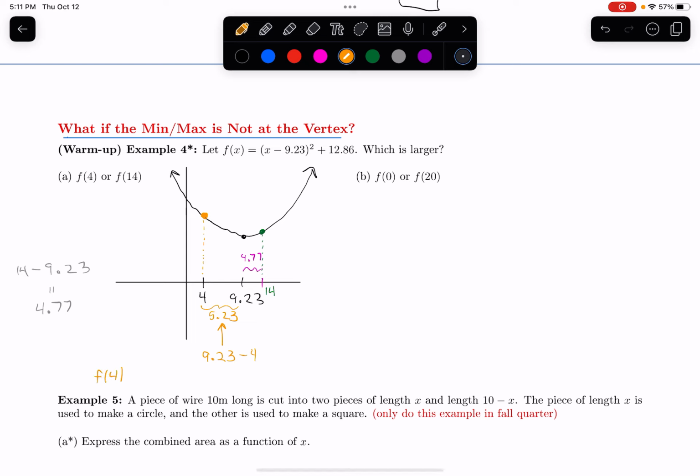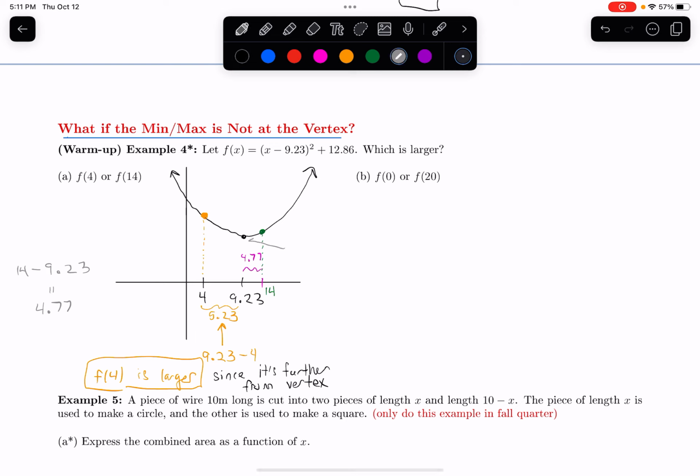F of 4 is the larger one, and the reason is that it's further from the vertex. I hadn't labeled the vertex before, but let's do that.